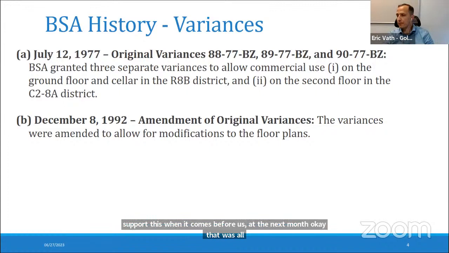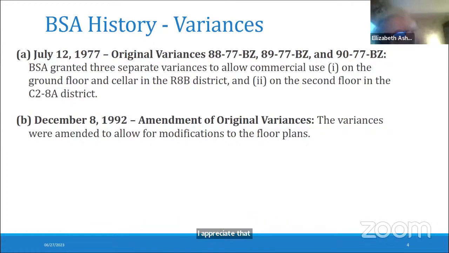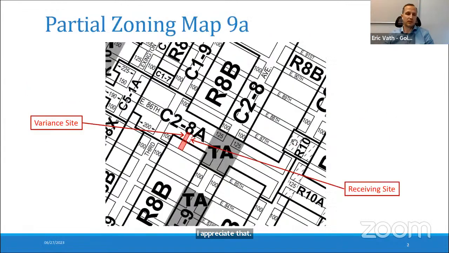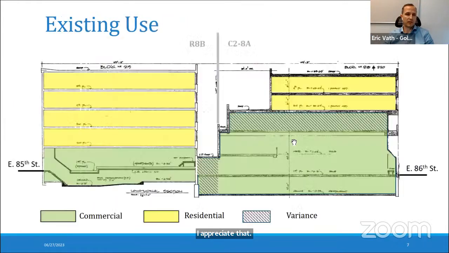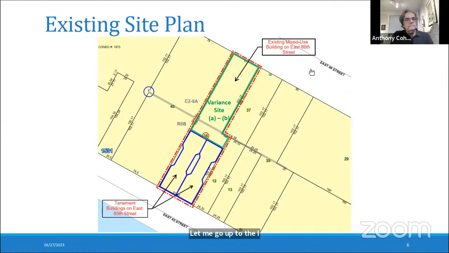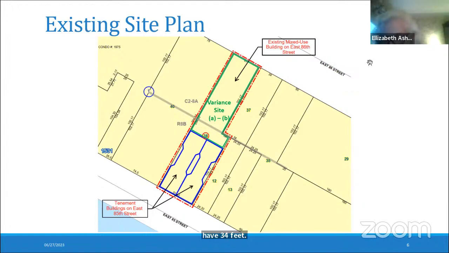Anthony, I have a question. How wide is the receiving site? Let me go up to the tax map. I believe it's 34 feet. 34 feet. Okay. And how tall is the taller, fully abutting building?